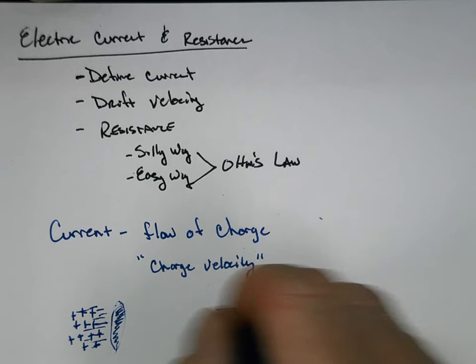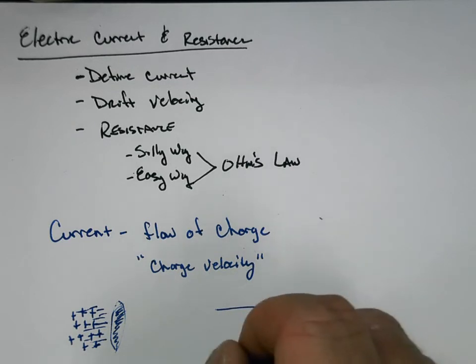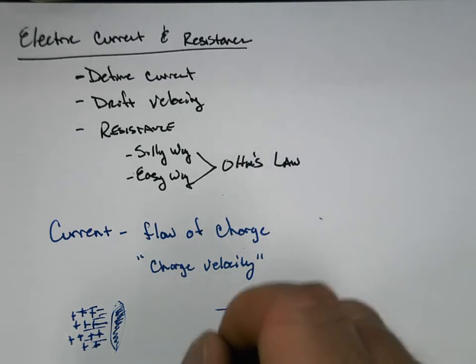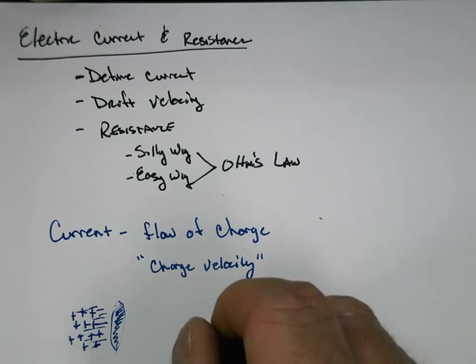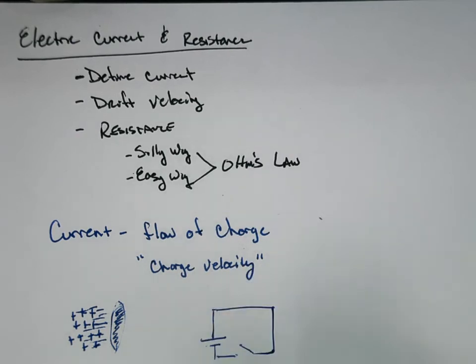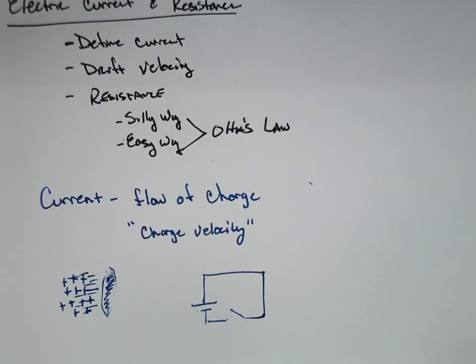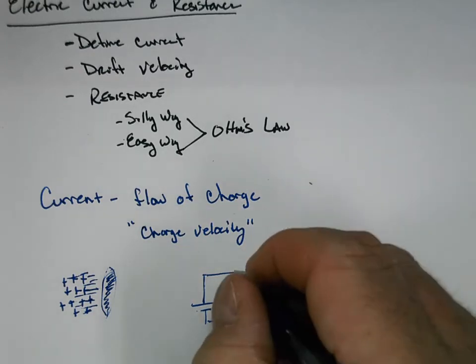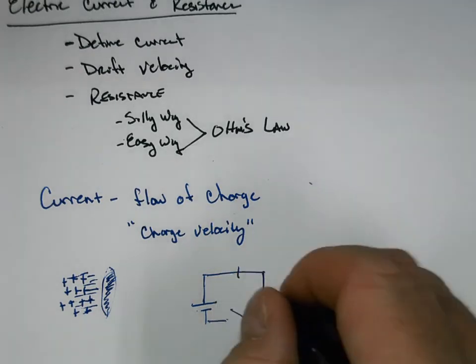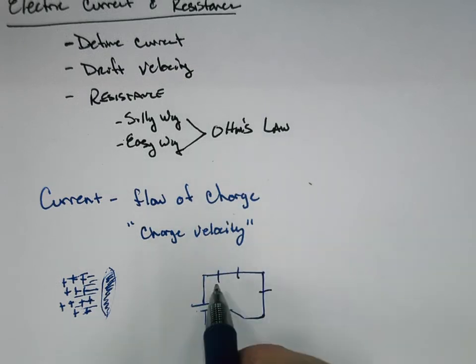Real quick, we're going to draw a really non-functional circuit because it's just a battery and a switch, and as soon as we turn the switch on, the whole thing is going to heat up and probably melt because we don't have anything slowing down the electrons. But if we take any particular spot, it's how much charge is flowing through that place per given second.